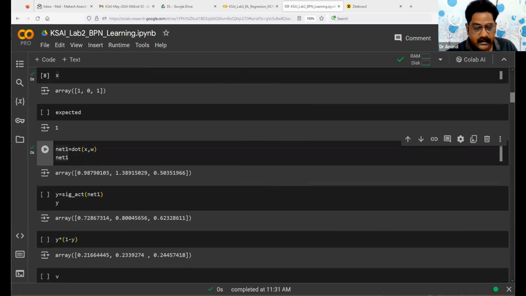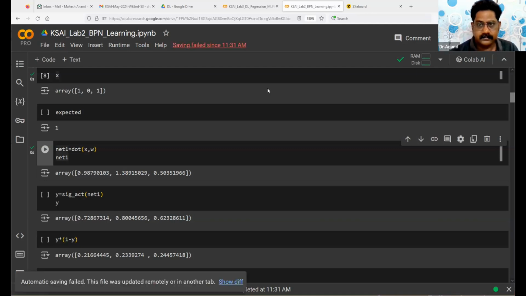So here we are using 3 neurons in this architecture. This is how the architecture looks in this notebook.